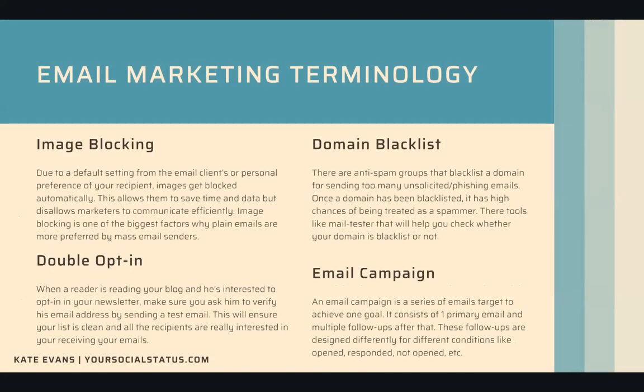So now we look at some other things that could be negative towards your email campaign. We've been facing this recently with a client: depending on what you're putting in your emails, you're graded on what you're sending. Image blocking is a term that talks about a default setting that an email client has, or a personal preference that you've set, that automatically blocks images.